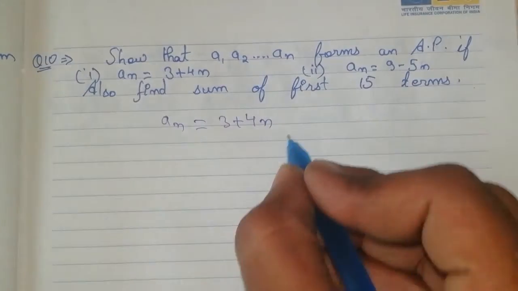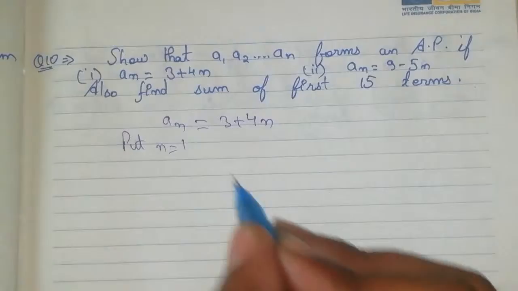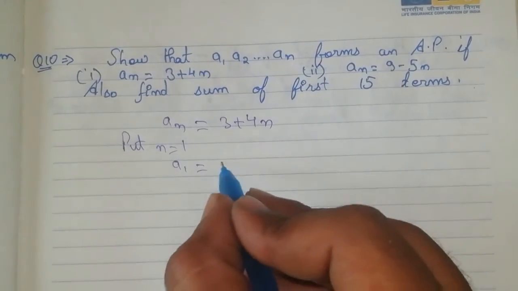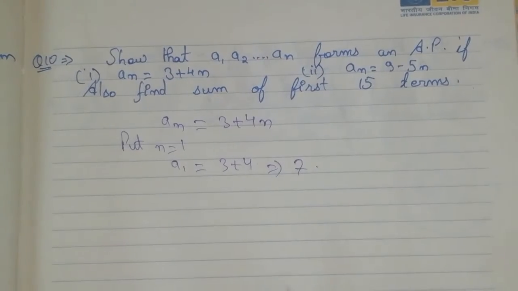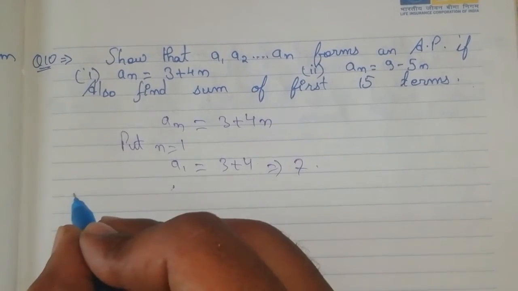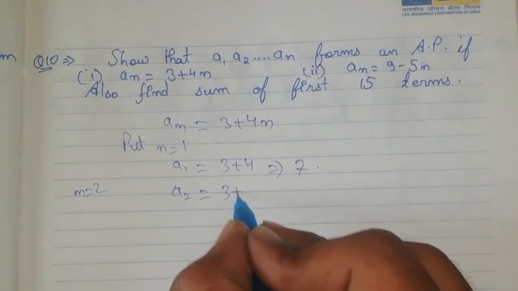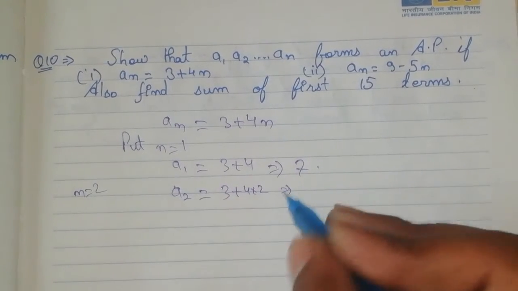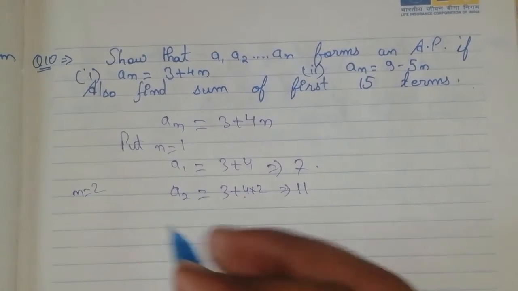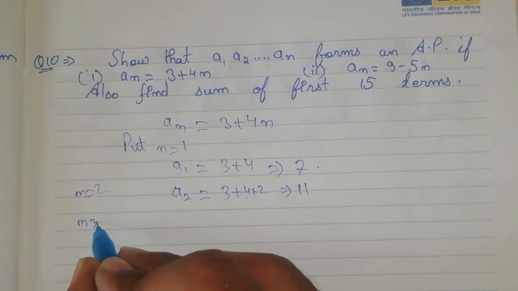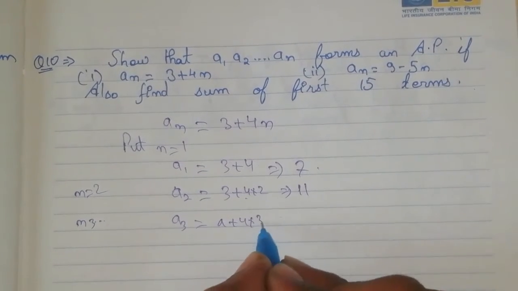Putting n is equal to 1, we have a1 is equal to 3 plus 4, this is nothing but 7. So we have the first term as 7. Now n is equal to 2, so we have a2 is equal to 3 plus 4 into 2, means the term is 11. Now a3, this is 3 plus 4 into 3.